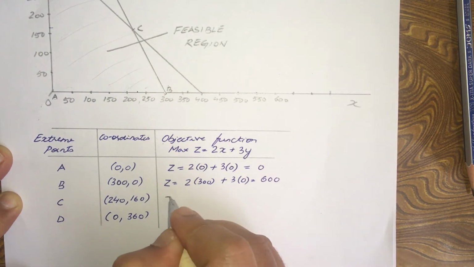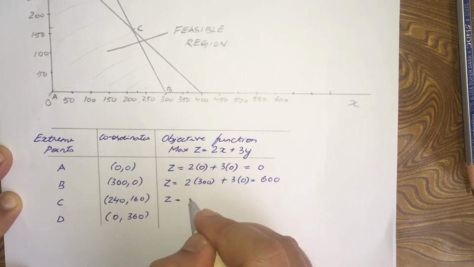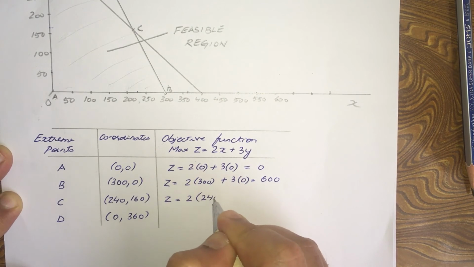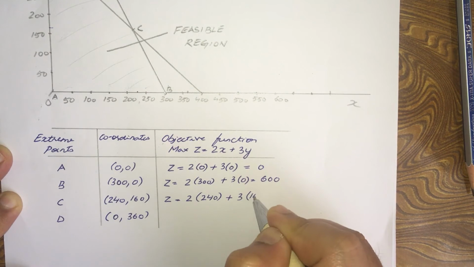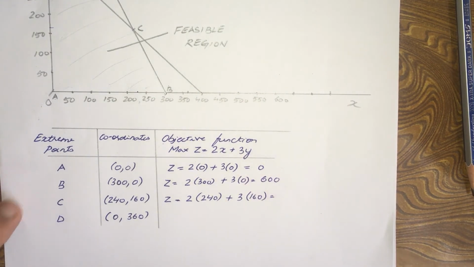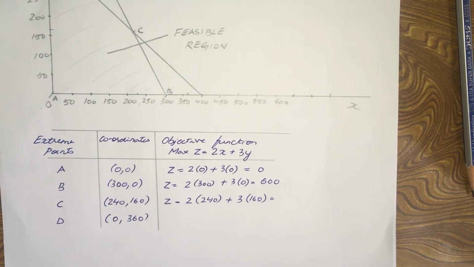Now here Z is equal to 2 into 240 plus 3 into 160. So let's find that out.